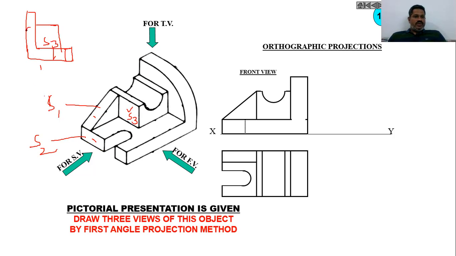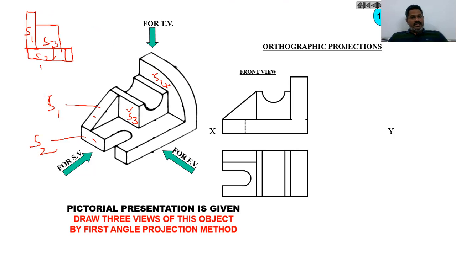So this one is S1, and of course you will find one edge here. You take this as an edge. Then this is our S2, and S3 is over. Then finally you will get this face also here. I'm taking this as S4, but in the side view it looks like a curve. So we'll take a curve here.